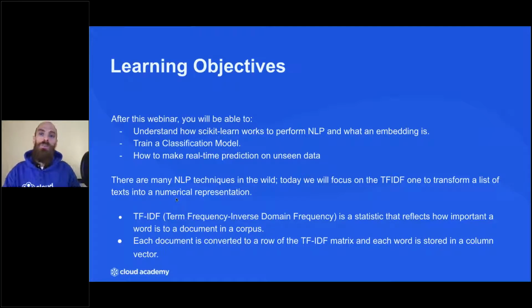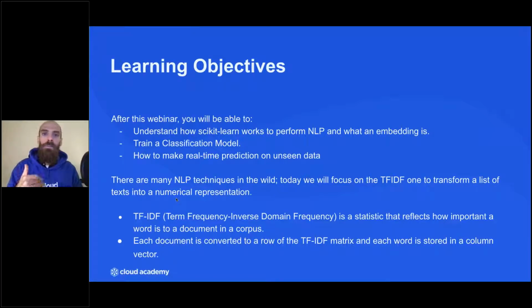Tf-Idf is typically used to transform a text or a list of texts into a numerical representation. From a theoretical point of view, term frequency-inverse document frequency is a technique that allows you to extract a statistic that reflects how important a word is to a document in a corpus.